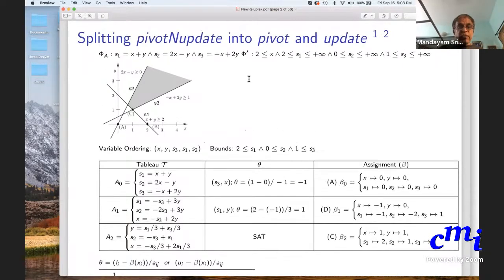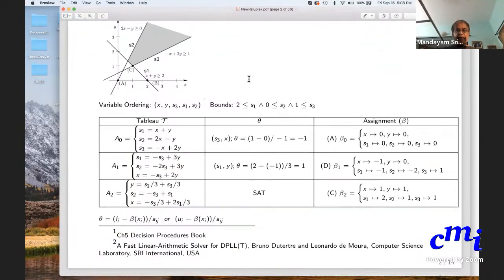for simplex, as I might have told you, I'm using these two references. Actually, chapter 5 in the decision procedure book, whose content itself pretty closely follows this paper, which is a very accessible paper which I found, for simplex, by these authors.